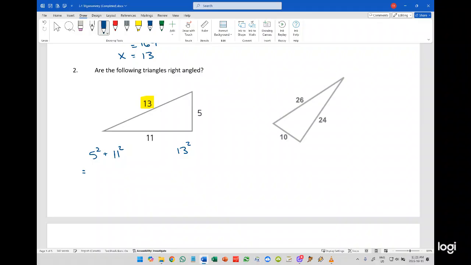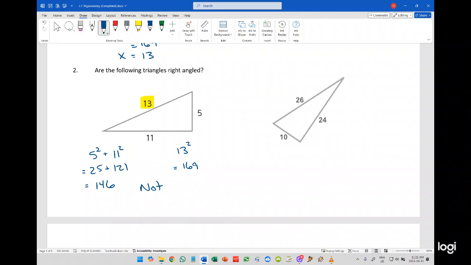Over here, that's 25 plus 121, which is 146. And over here, 13 squared is 169. In this case, the two numbers are not the same, so this is not a right-angled triangle.